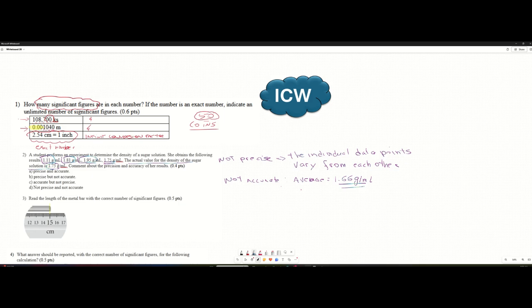Which is not close to this value over here, 1.66 and 1.75. So calculate the average, okay? It's easy. Just add all together and double check that I have the correct value.